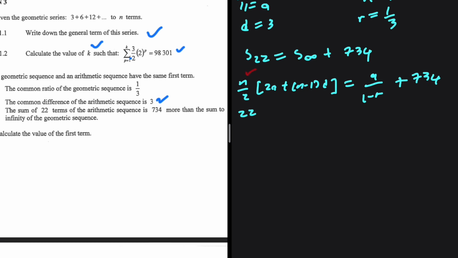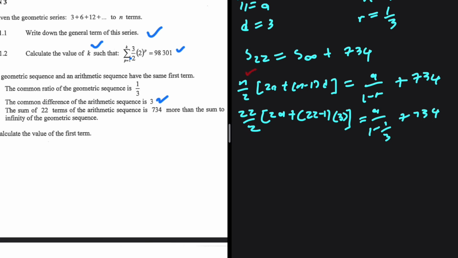So we're going to have 22 divided by 2 multiplied by 2a, plus 22 minus 1 multiplied by d, which is 3. This is equal to a divided by 1 minus 1 divided by 3, plus 734.